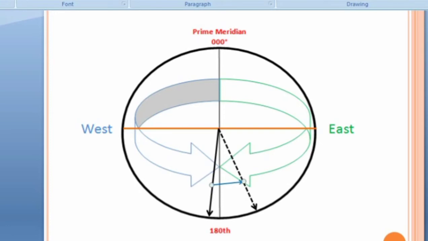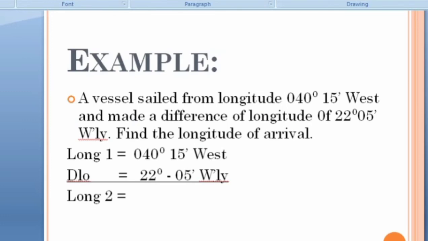Okay, let's proceed with another example. I know that you can further understand it with the illustration.